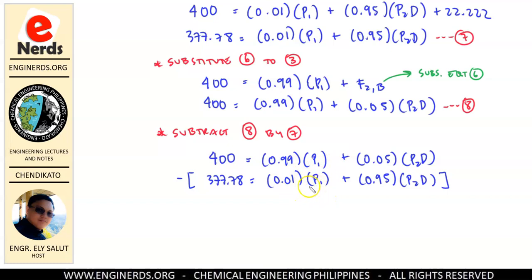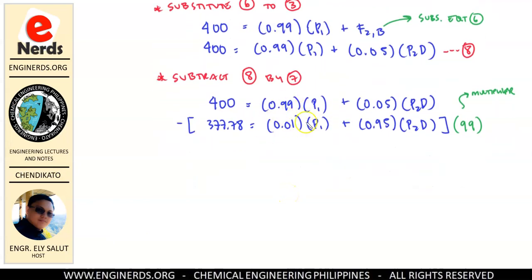In order to protect the equality of our equation, I have to multiply everything dito sa ating multiplier to make this 0.99. So, I'm going to multiply this by 99. Okay, so this is our multiplier. If I'm going to multiply that, magiging equal na yung ating coefficient ng P1.